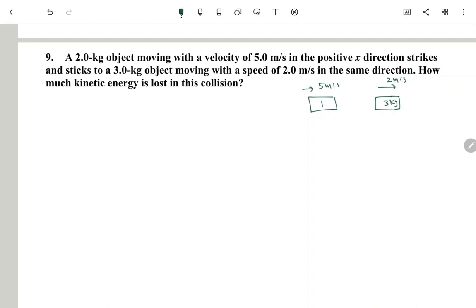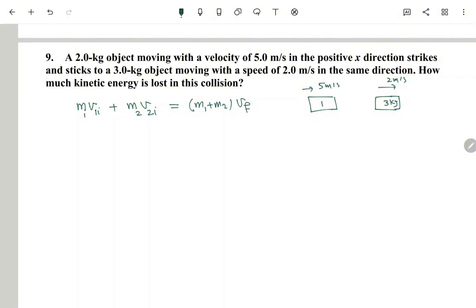Since this is an inelastic collision, only the momentum is conserved and kinetic energy is not conserved. And again, this is a one-dimensional collision. In this case, m1 v1 initial plus m2 v2 initial is equal to, since they stick together, m1 plus m2 times v final.